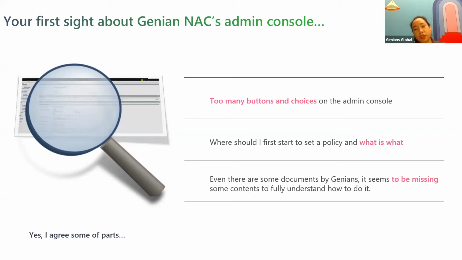Even though the Genian team provides documentation and online technical support, you may feel that there is one point missing for fully understanding the logic of setting policy in the Genian admin console. So I'm going to run this webinar to reduce your discontent about setting policy in the Genian admin console.